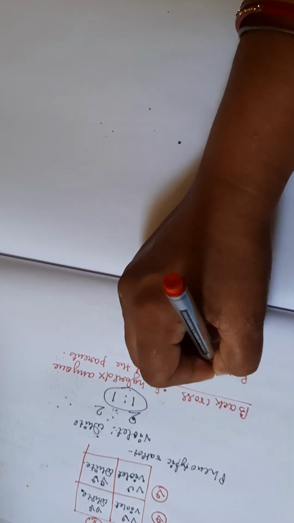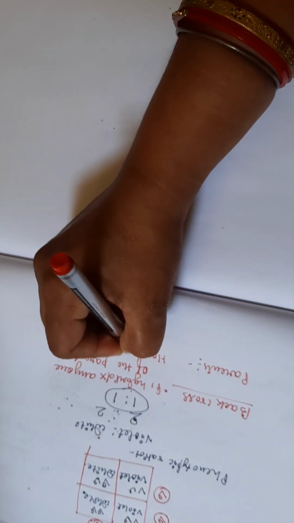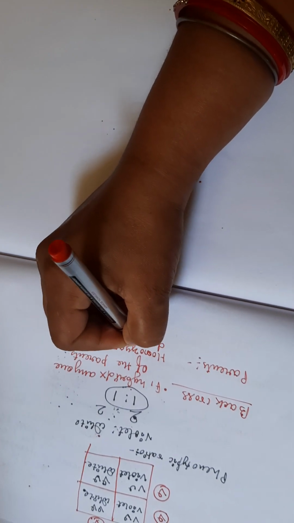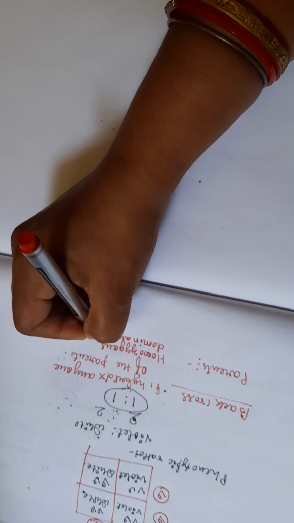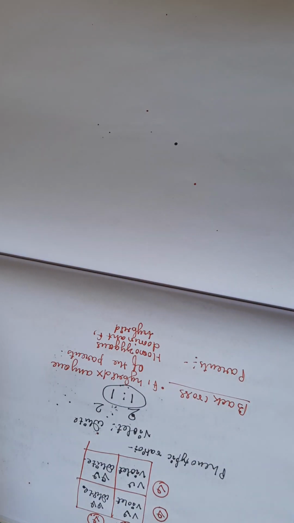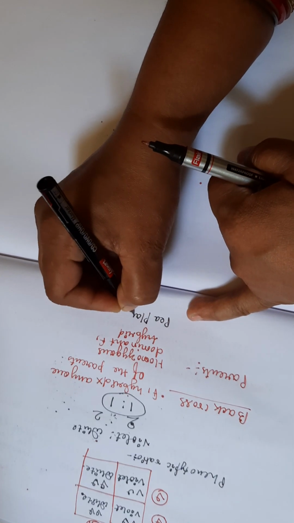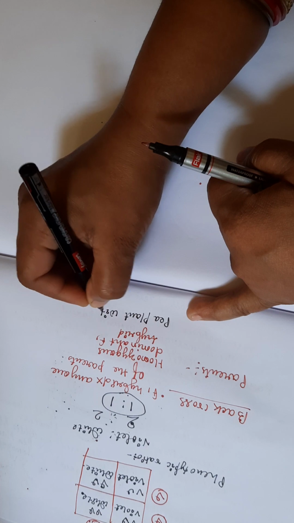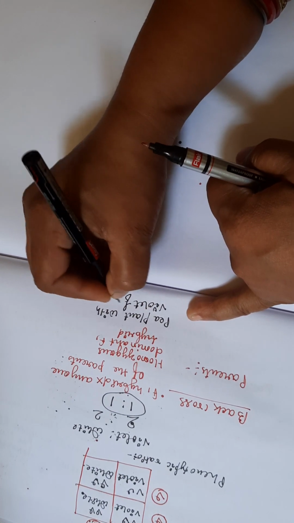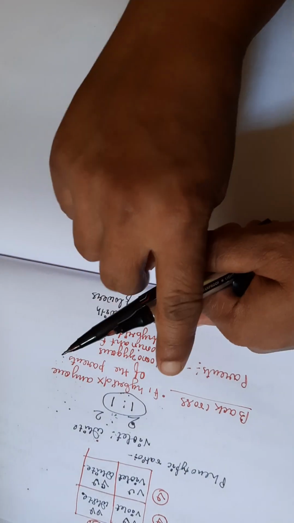So the parents for the back cross will be the F1 hybrid. For this example, it will be a pea plant with violet flowers, because all my F1 hybrids are capital V small v and they express the phenotype of violet colored flowers.